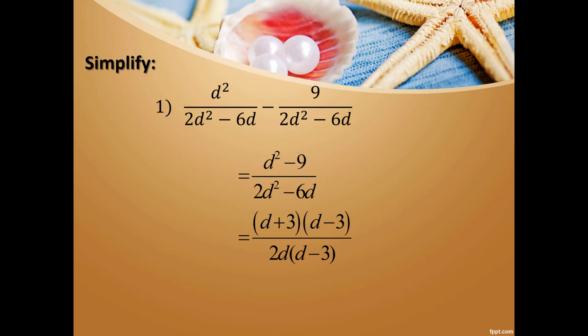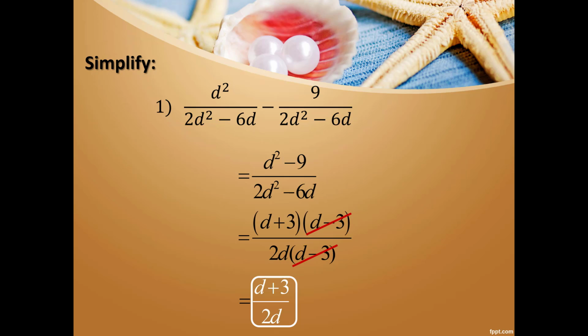And then on the bottom, we can factor out a 2d, because 2d can go into both terms of 2d squared minus 6d. And as you can see there, up top we have a d minus 3, and on the denominator, we have a d minus 3, in which case we should be able to cancel those out. So once we cancel those out, there's nothing left to simplify, and our answer is d plus 3 divided by 2d.